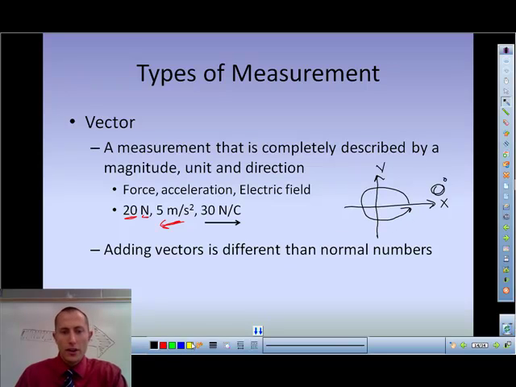So if we have something that's pointing along the positive Y, so straight up, that's going to be at a 90-degree angle. And if we have something that's pointing in the negative x direction, our angle there would be 180.